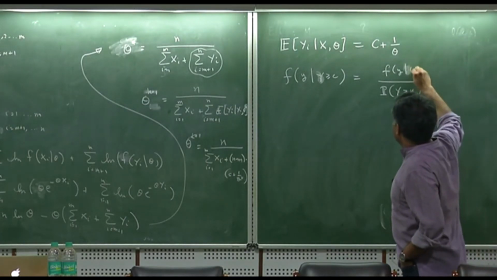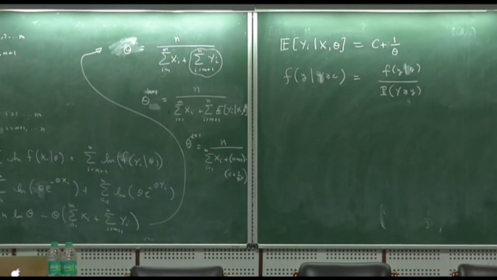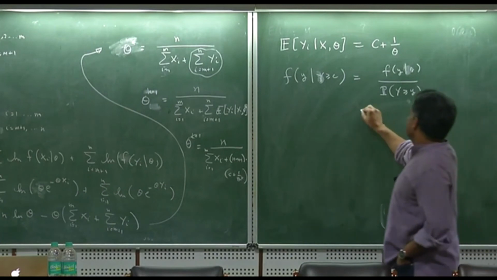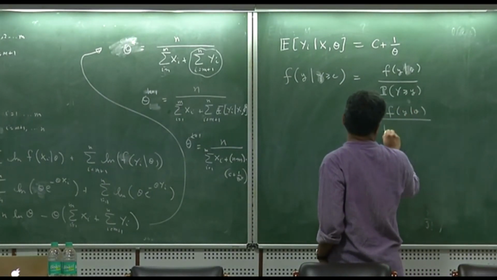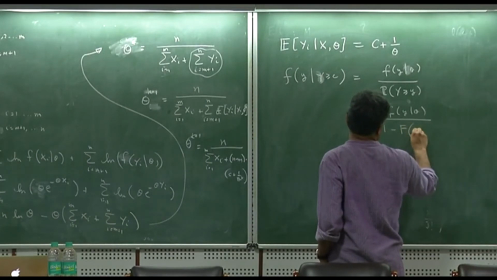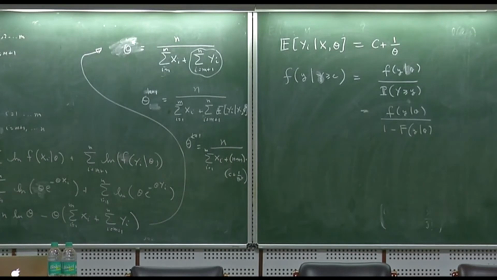This is nothing but f of y given theta, the numerator is the same, over 1 minus the CDF of y given theta. Right? Because the probability that y is greater than or equal to little y is nothing but the complementary CDF, which is 1 minus the CDF of y given theta.